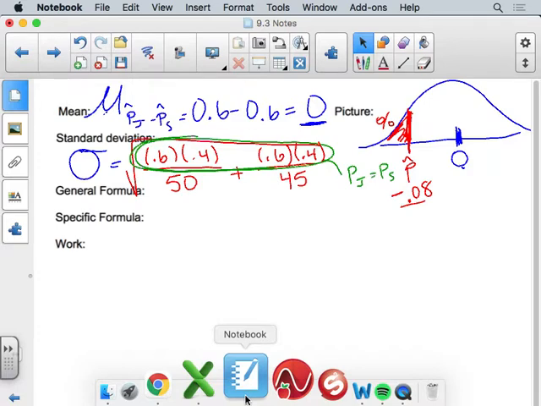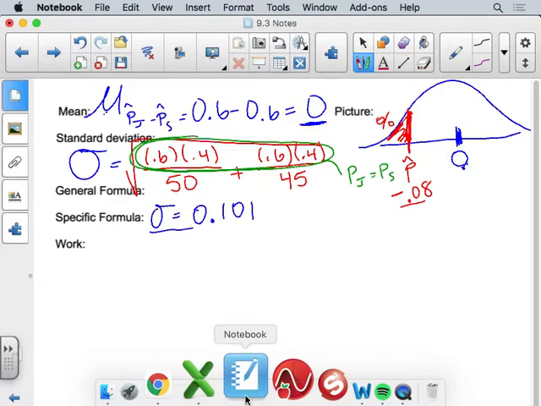Okay, so the standard deviation when you do that is something like 0.101. So that's our typical value from the mean of 0.